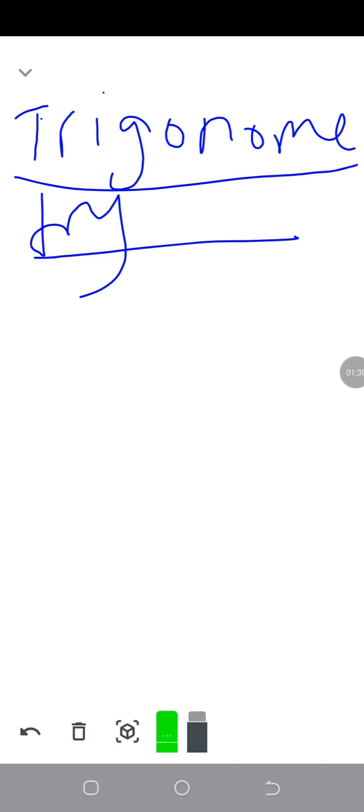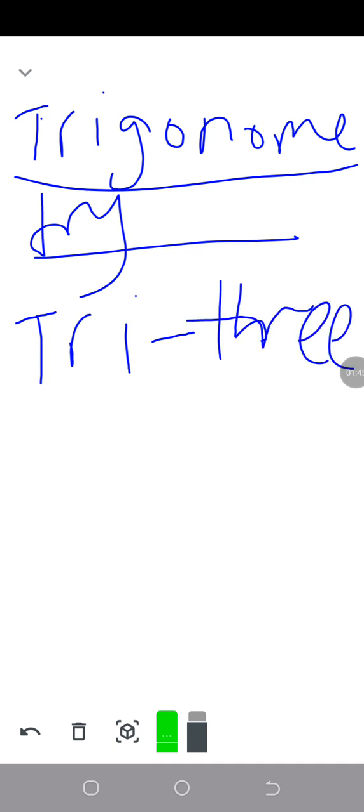Trigonometry has two parts. We have the first part of the word, which is tri. Tri means 3. Then we have the next part, gono, and gono in Greek means angles.